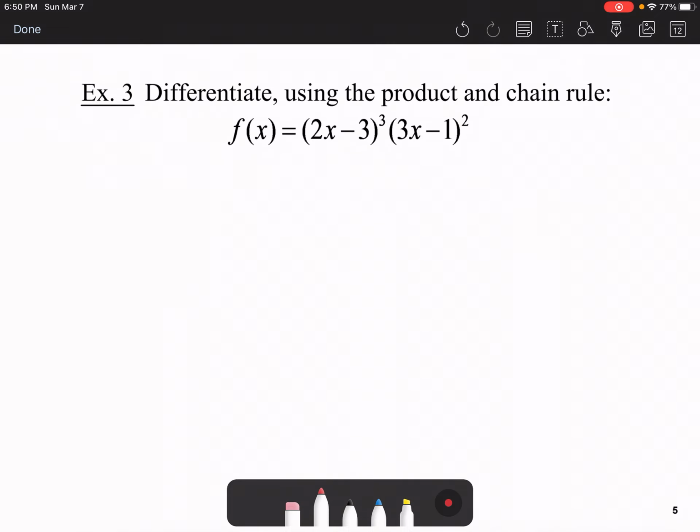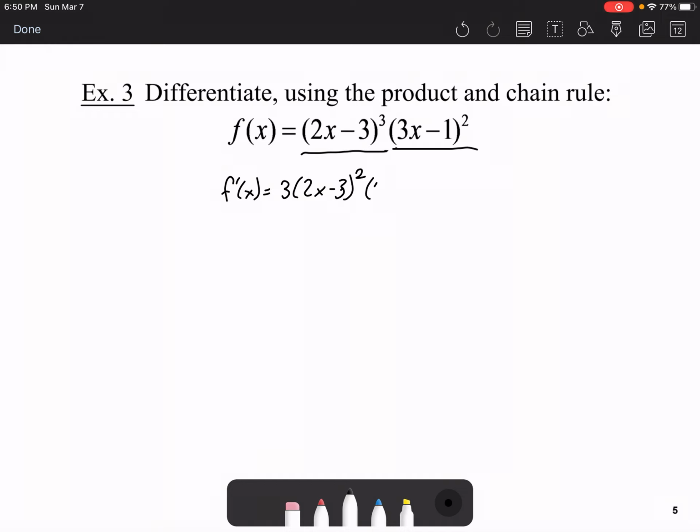Okay, let's try something with product chain rule. So product chain rule, remember that we're finding the derivative of this first, leave this one alone, and then leave the first function alone and find the derivative of the second one. So the derivative of 2x minus 3 cubed is 3 times 2x minus 3 to the exponent 2.